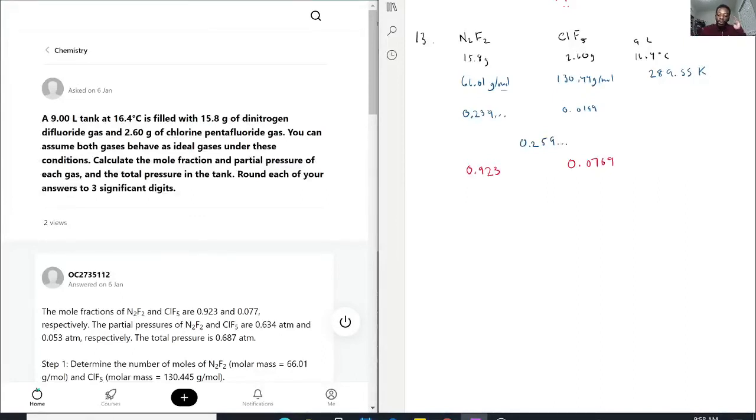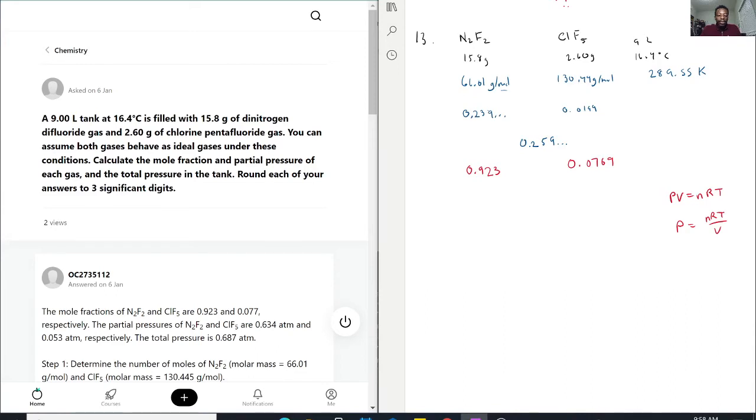So now we found both gases. Now, just to make sure we're not missing anything, we want the partial pressure of each gas. So what they're asking us to do is find, for each one, the P in the formula PV equals nRT. So that would actually be P is equal to nRT over volume.